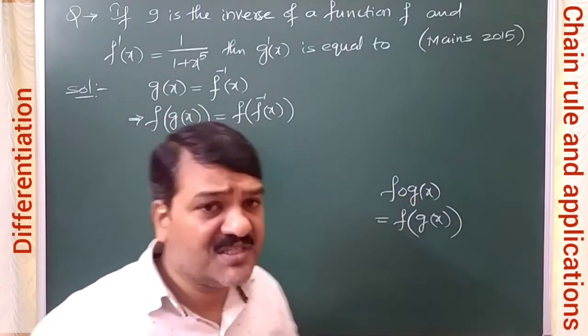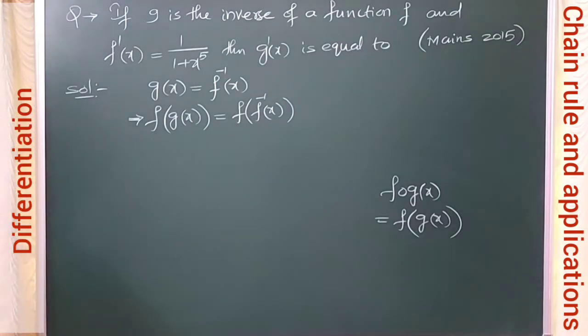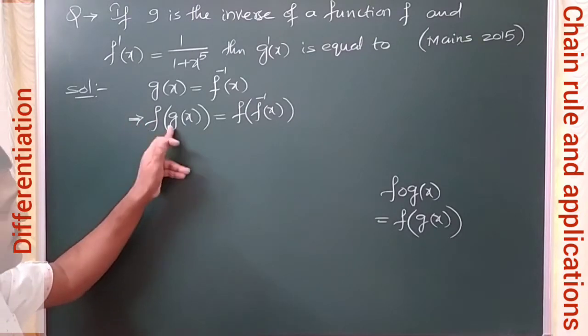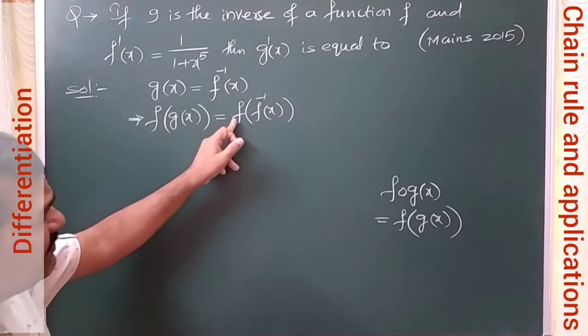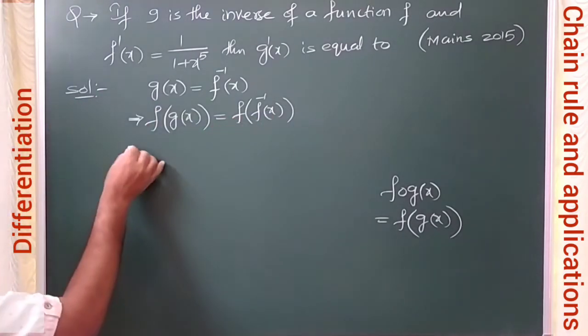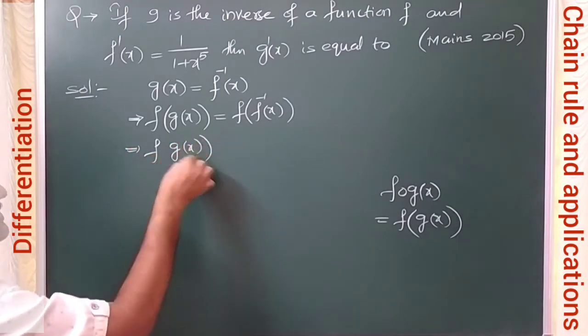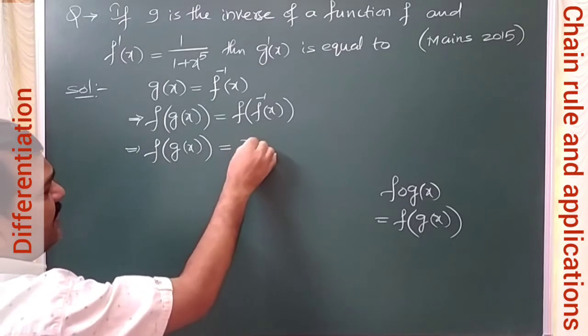The chain rule application is same, it is not different. So this is f circle g of x, or f of g of x you can leave, and f of f inverse x is x.